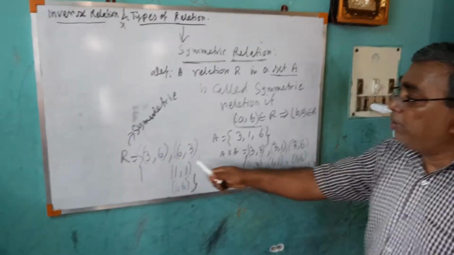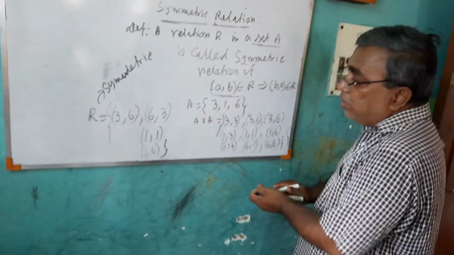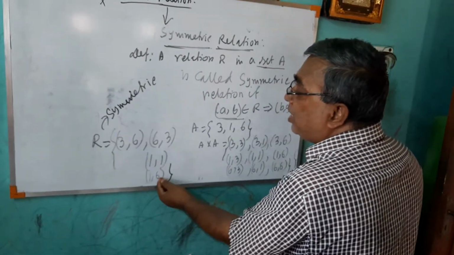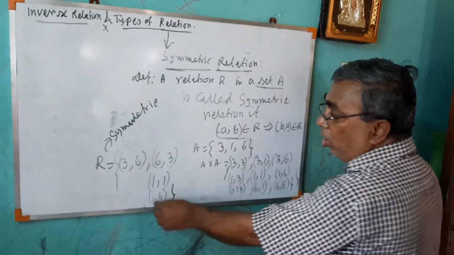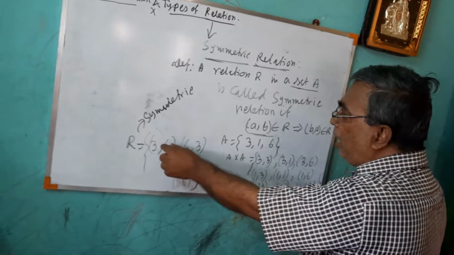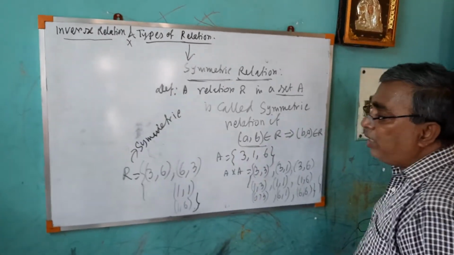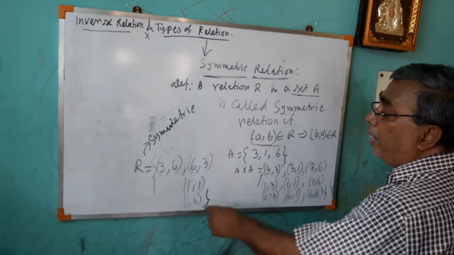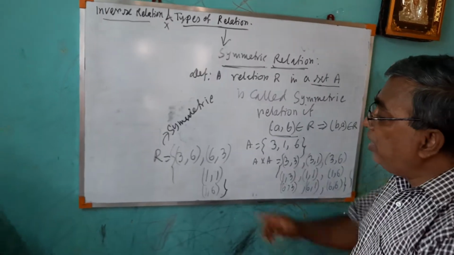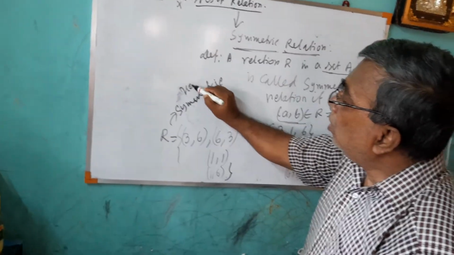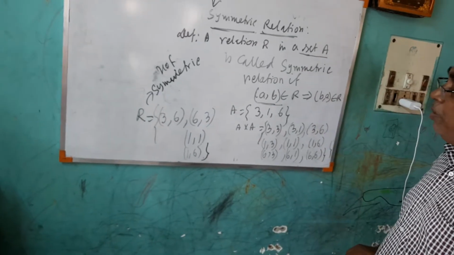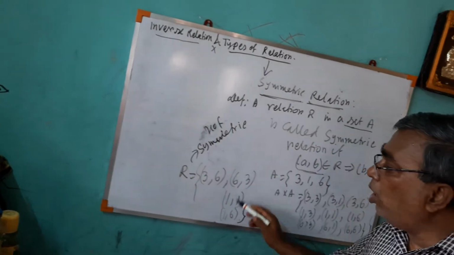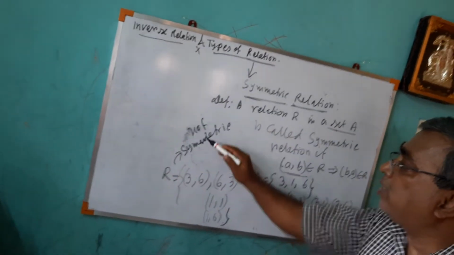No, it is not symmetric, because (1, 6) belongs to R, but (6, 1) does not belong to R. If any one of them does not satisfy, then we can say it is not symmetric.